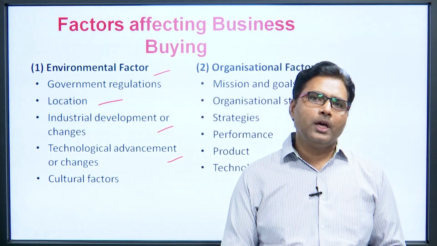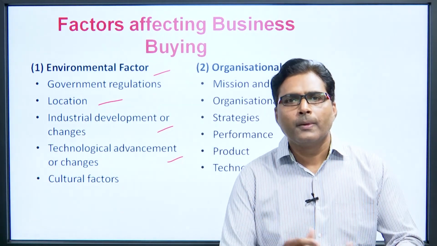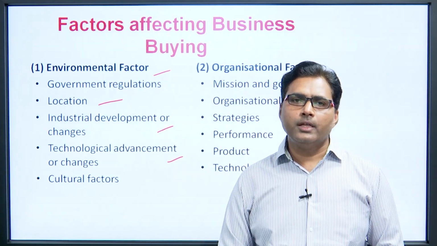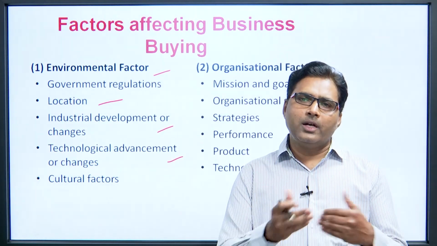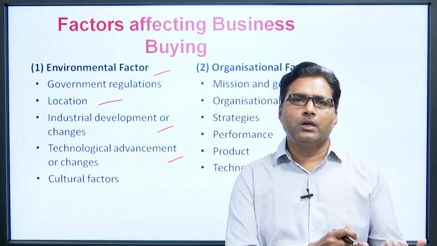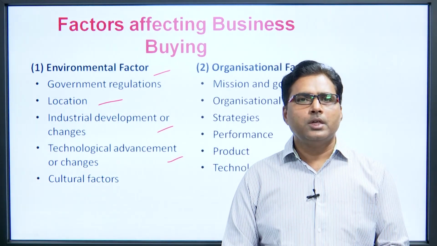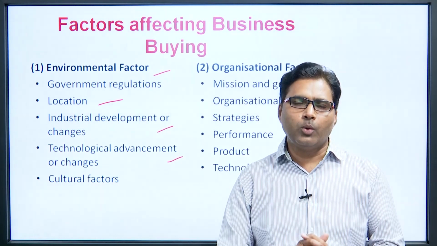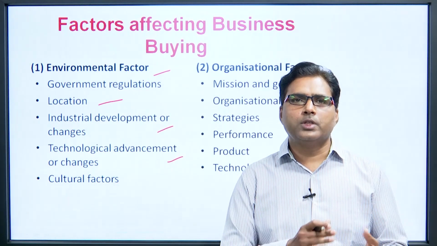So, if we are opting for new technology, then for sure we are going to have different kinds of business buying decisions, and then the requirements will change. If earlier we were working with the non-computerized process, and now we are working with the computerized process, it means a new kind of process is going to be adopted, and new kinds of services will be used then.